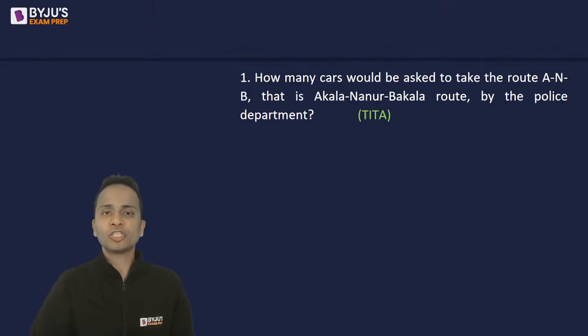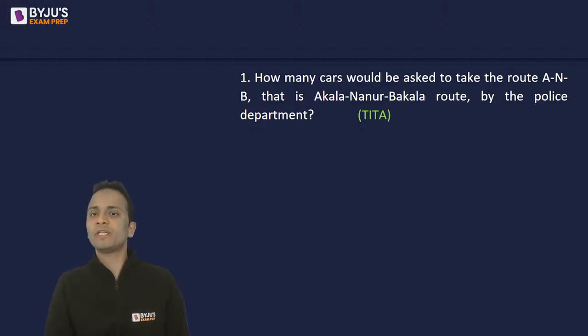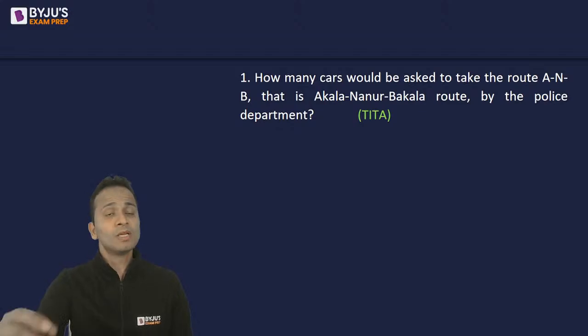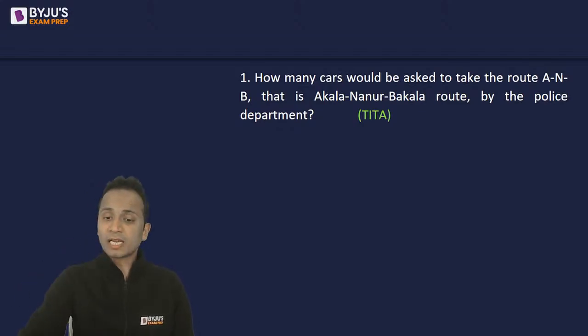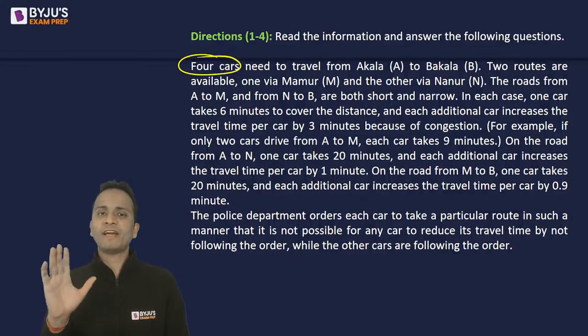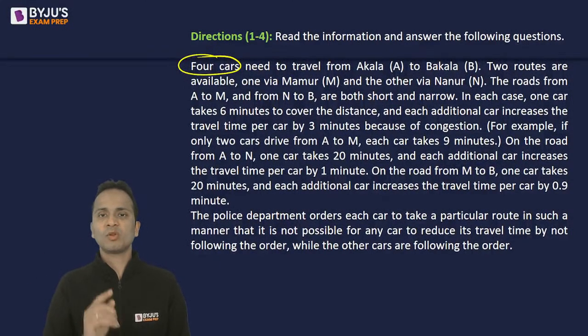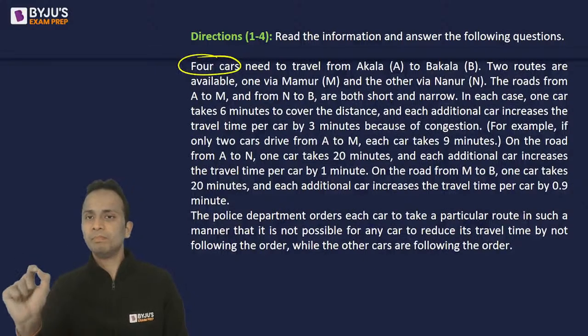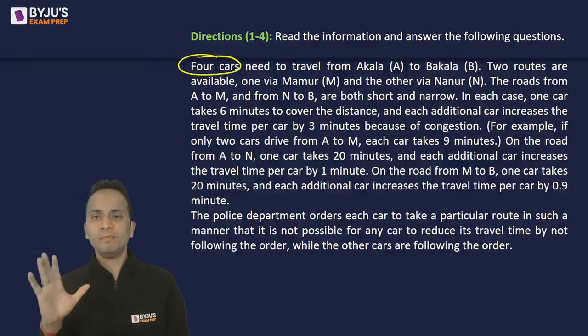First of all, the cars will have to minimize the travel time, definitely. So let's read each and every condition one by one. They have defined the routes. There are two routes available. One is A, M, B and the other is A, N, B.